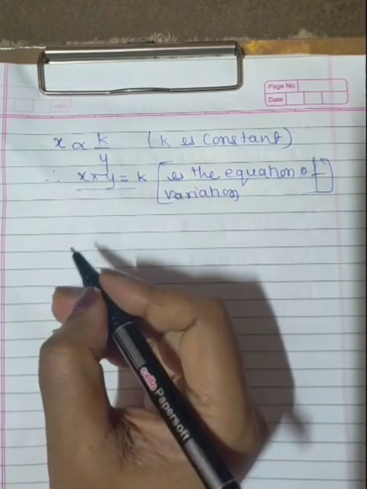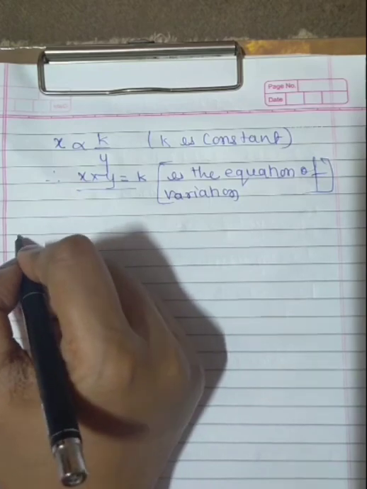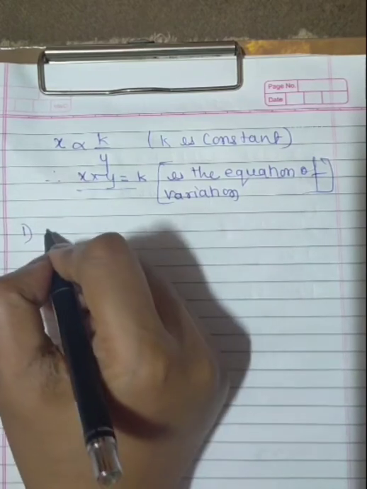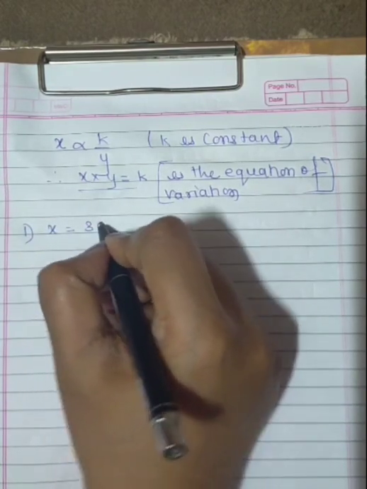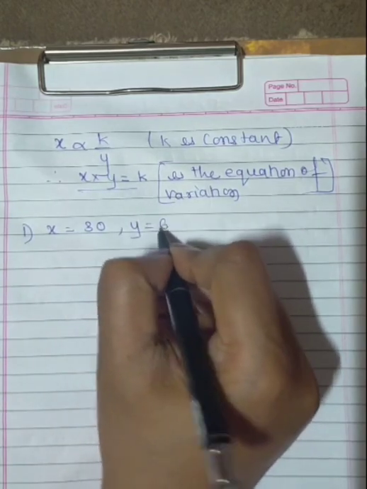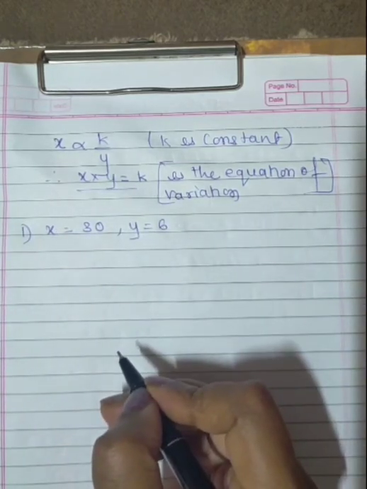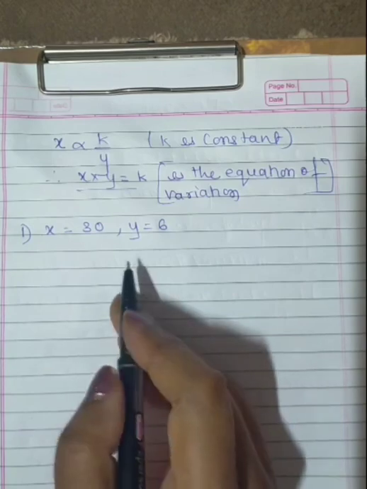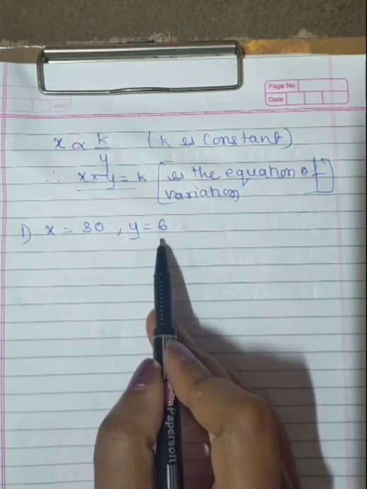Now, in the first column, X is equal to 30 and Y is equal to 6. The number of workers is 30 and the days are 6.